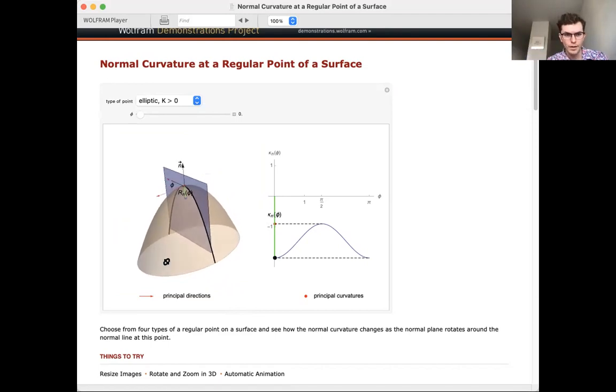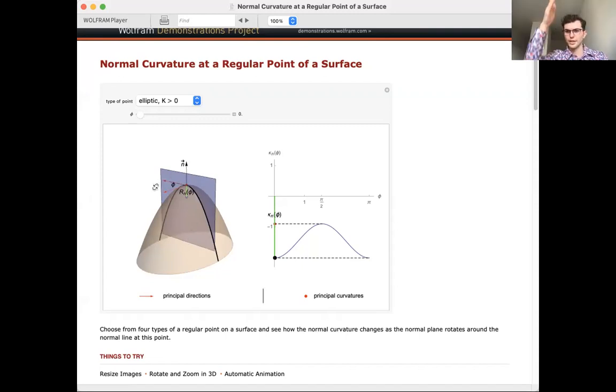Do you see this plane, this purple sheet? The plane contains a vector perpendicular to the surface, what's called a normal vector, but you can ignore that fact if you want.